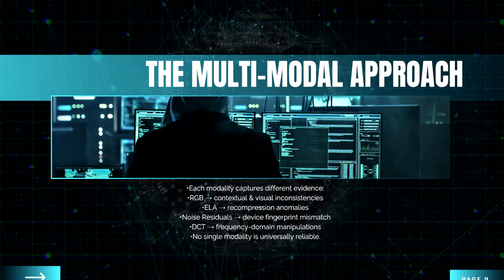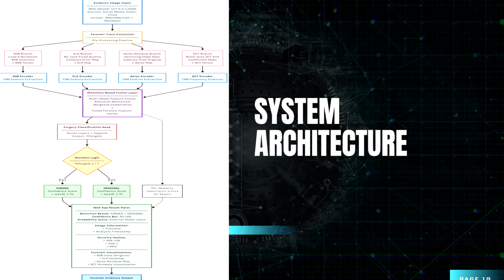So this is the whole architecture diagram, where the image is uploaded and sent to all four forensic analyses. They have different CNN encoders which feed a fusion layer that classifies the data and helps us know if the image is tampered or not.